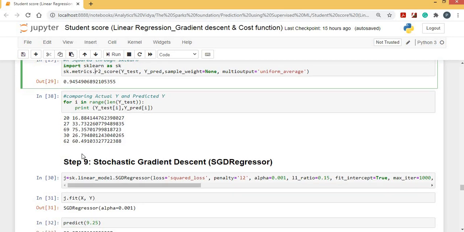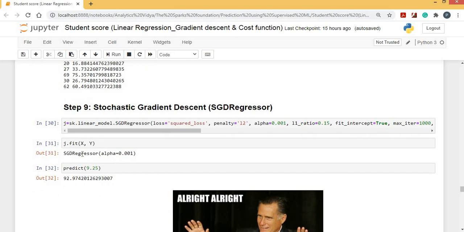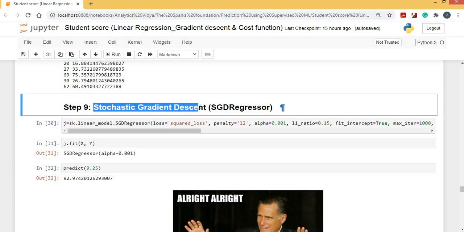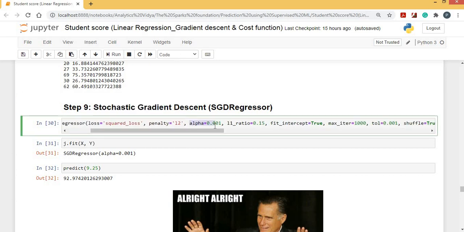And the last step will be solving it by stochastic gradient descent. First we created the model on our own. Second we did it through sklearn. So why do we need to check this SGD? The reason for doing this is that over here you can implement alpha of your own choice, right?